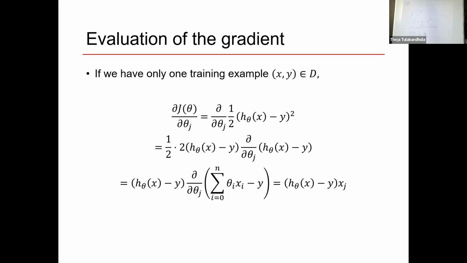So if I change theta j, they don't vary; they are fixed, so they all vanish. The only term that remains is theta j xj, because that varies with theta j. The partial derivative of theta j xj with respect to theta j is just xj, and that's what we got here. Okay, any confusion on this slide?